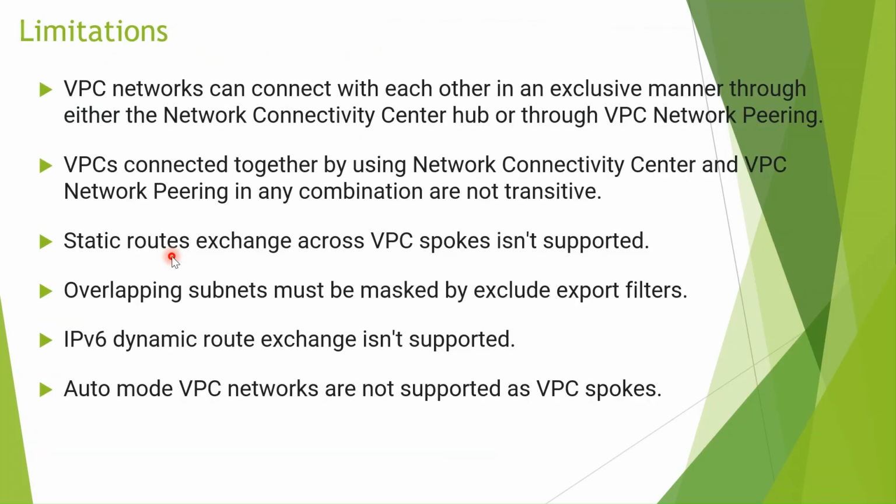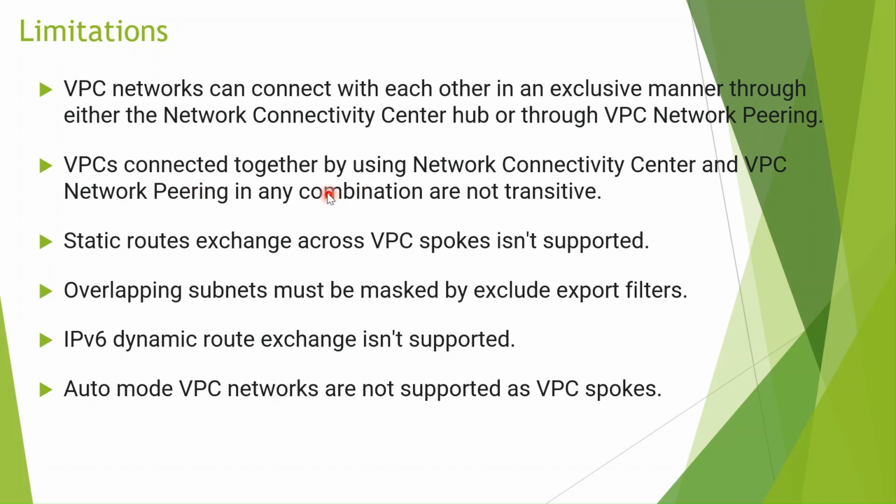After that, there are some limitations, as everything has limitations and we have to make sure what we are doing. VPC networks can connect with each other in an inclusive manner, either through the Network Connectivity Center hub or through VPC network peering. We have both options. And VPC networks that are connected together using NCC or VPC peering in any combination are not transitive. Suppose you have a VPC that is connected with NCC and also with VPC peering to some other network.